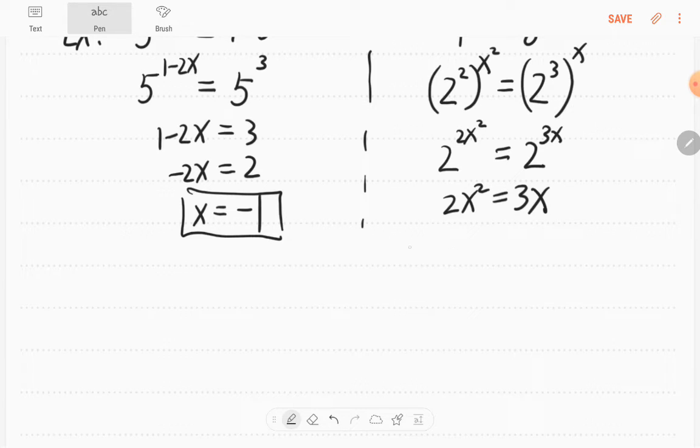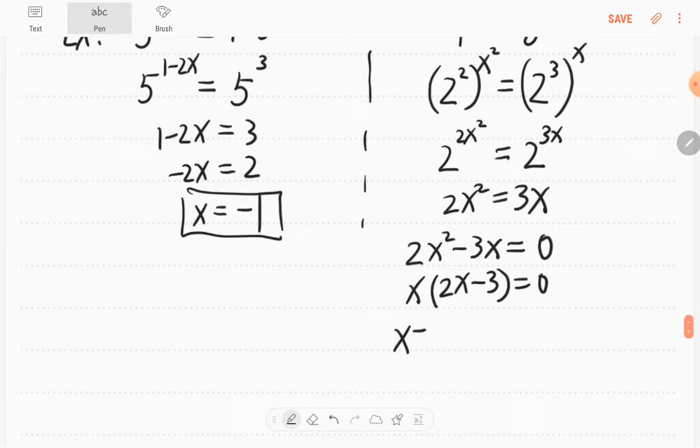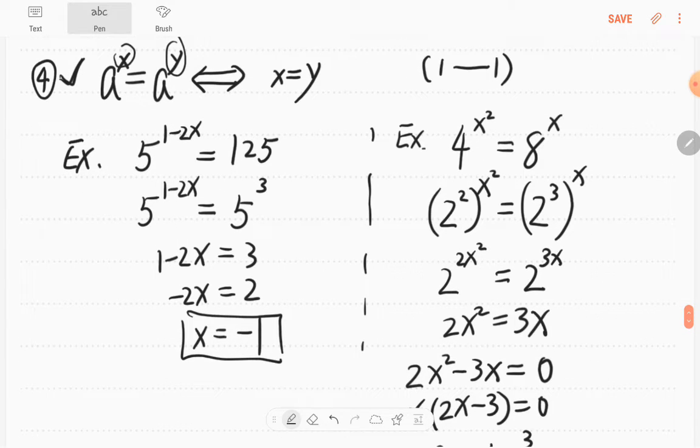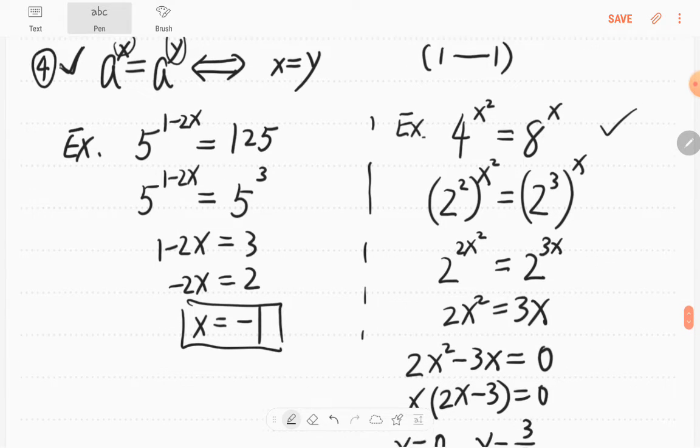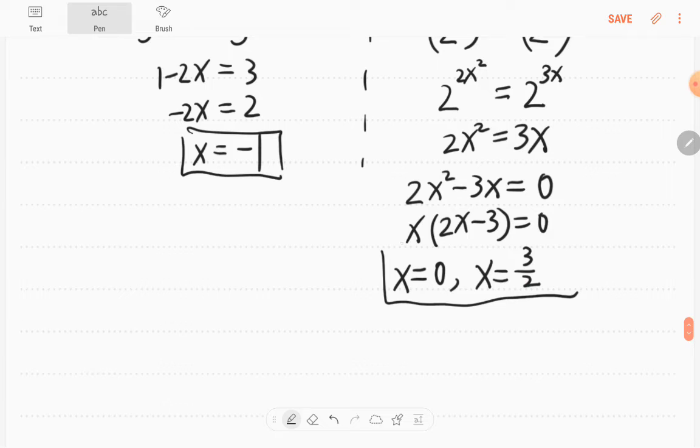So the idea is we move everything to one side, then factorize it. So you have x equals 0 and x equals 3 over 2. So actually for this equation, you will have two solutions, x equals 0 and x equals 3 over 2.